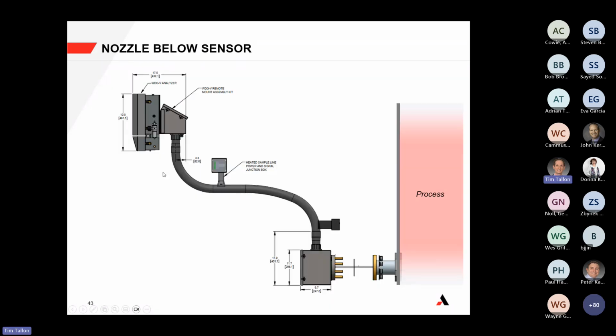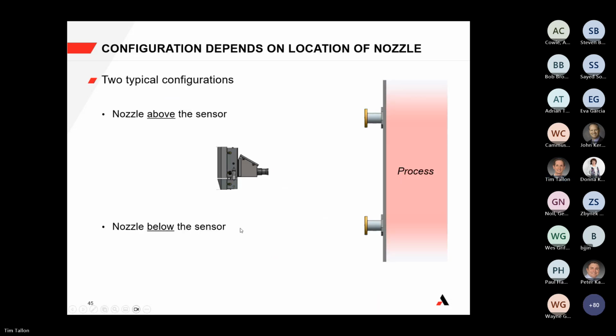What if it's below? Well, if it's below, we'd be more inclined to have the boot at the bottom of the sensor attachment, so it has fewer curves, an easier path to reach the process flange. So from a configuration standpoint, being mindful of whether the nozzle is above or below the sensor plays into the design.